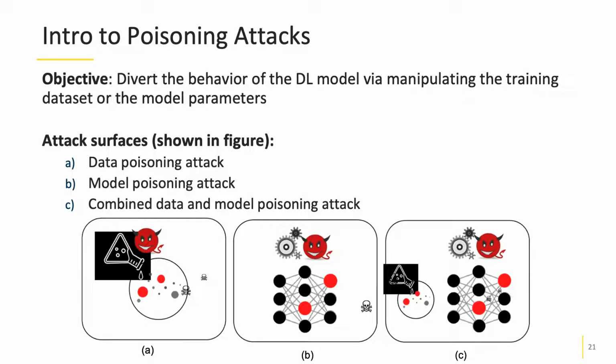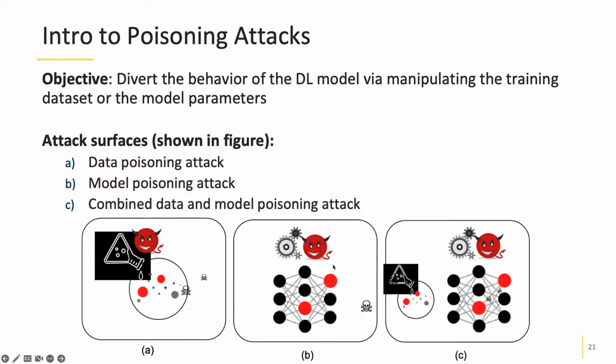For example, these poison samples are denoted by the red circles here. When the model is trained on the poisoned data set, it will produce incorrect predictions on similar unseen samples.